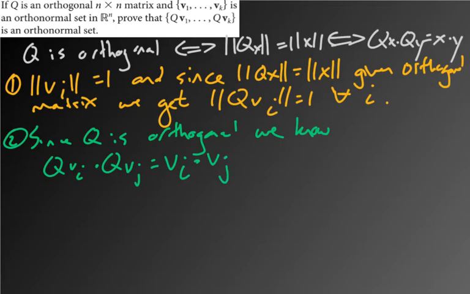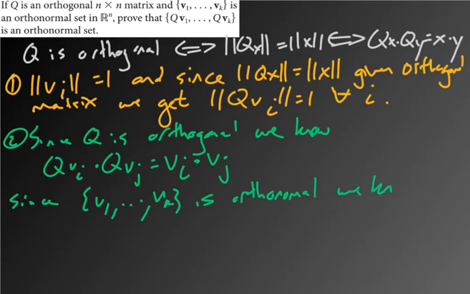And then since that set v1 through vk is orthonormal, we know that v sub i dotted with v sub j is equal to 1 if i equals j, and 0 if i doesn't equal j, right?